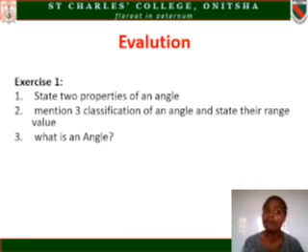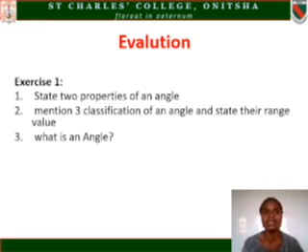Then we have supplementary angles. These are two angles also added together to give us 180 degrees. They are different things. The supplementary angles rest on a line, and the complementary angles rest on a right angle triangle.